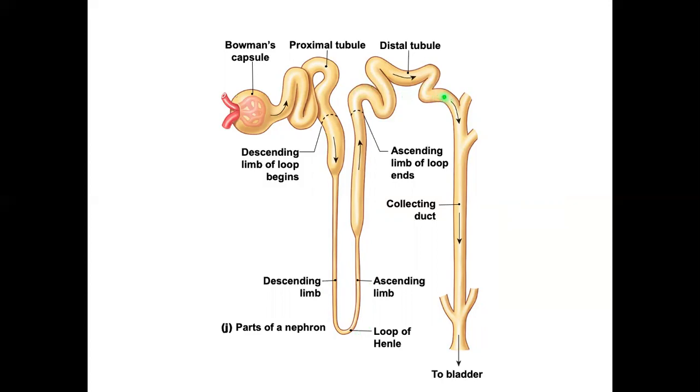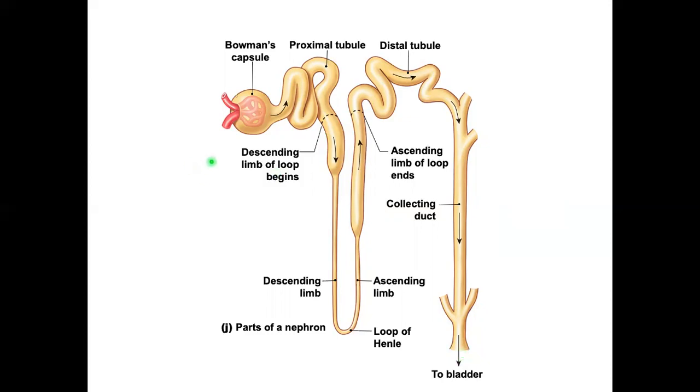The distal convoluted tubule connects to the collecting duct. Many nephrons merge into one collecting duct, and the collecting duct is going to drain urine into the renal papillae and the calyces, and ultimately the urinary bladder and out the body.